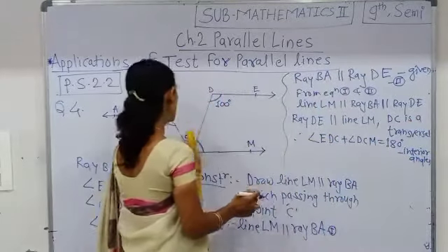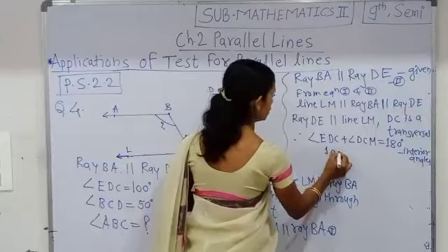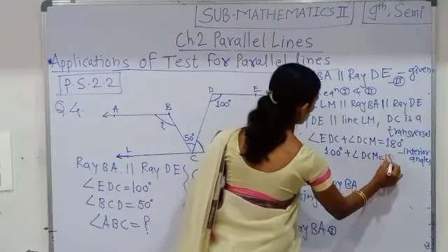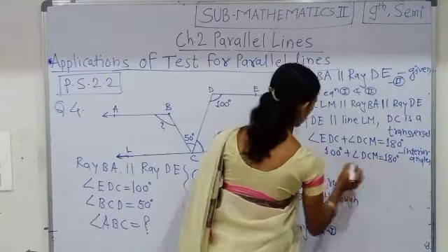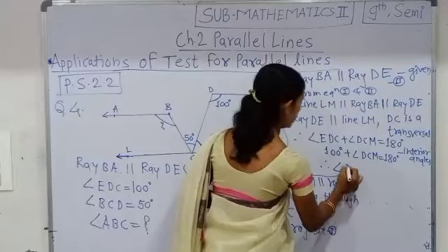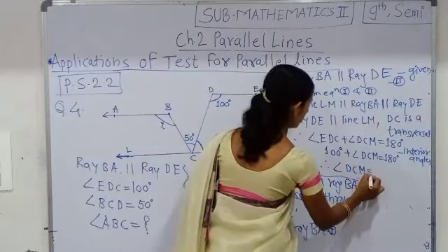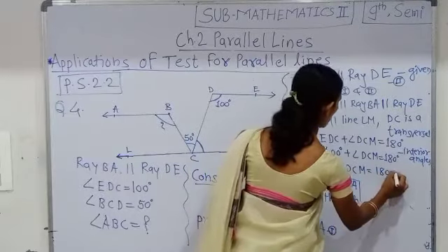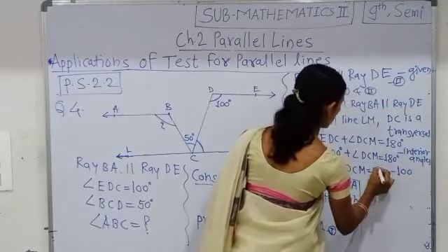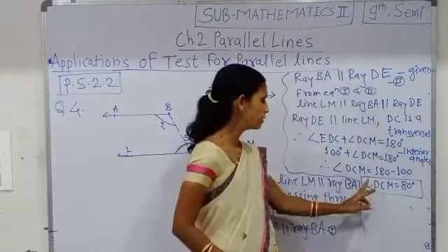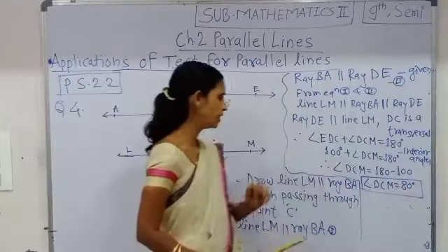Therefore, here angle EDC is 100 degrees, plus angle DCM is equal to 180 degrees. Therefore, angle DCM is equal to 180 minus 100. Therefore, here we get 80 degrees. That is, angle DCM is equal to 80 degrees.